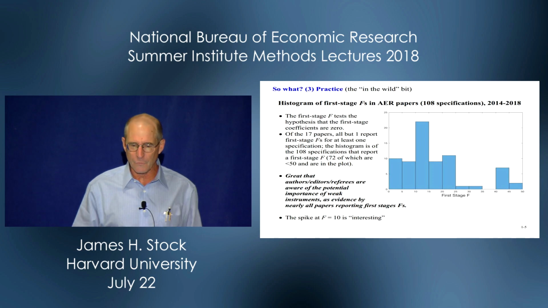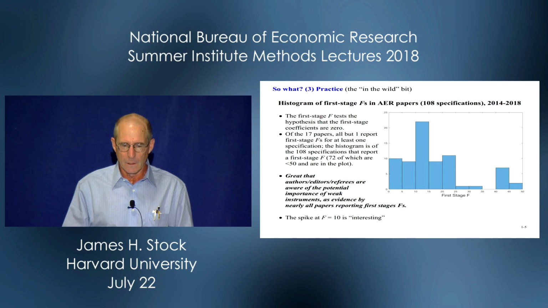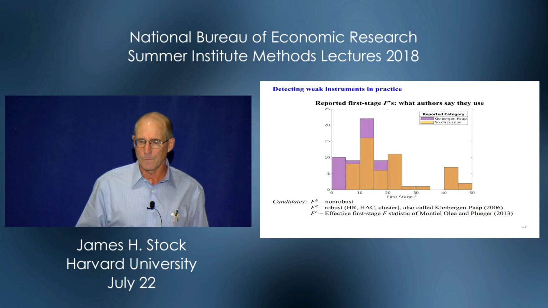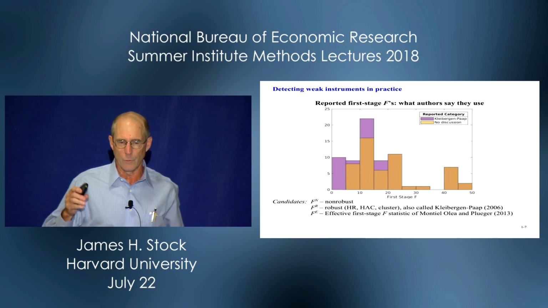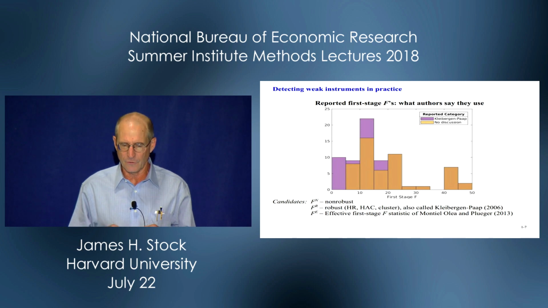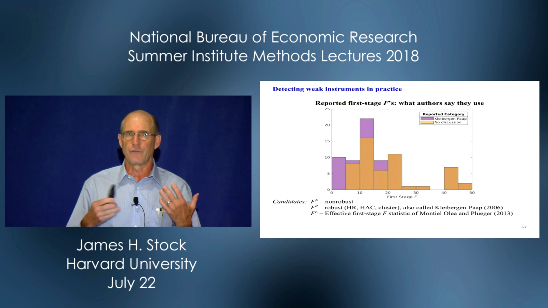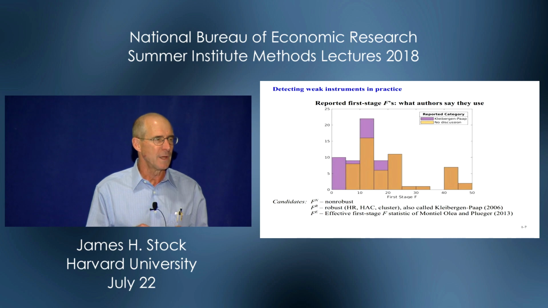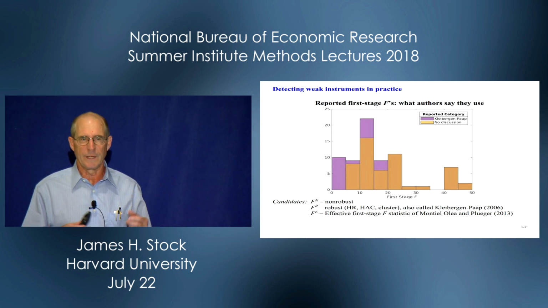Okay, so here's what people report. Here's what people say they do. The purple ones are Kleibergen-Paap statistics, and then the brown ones they don't say. They just say these are first stage Fs. And this is really interesting.